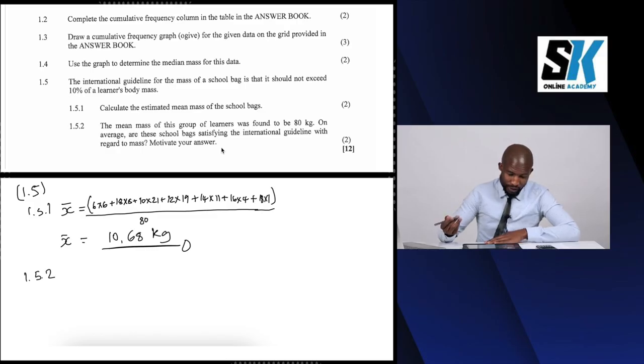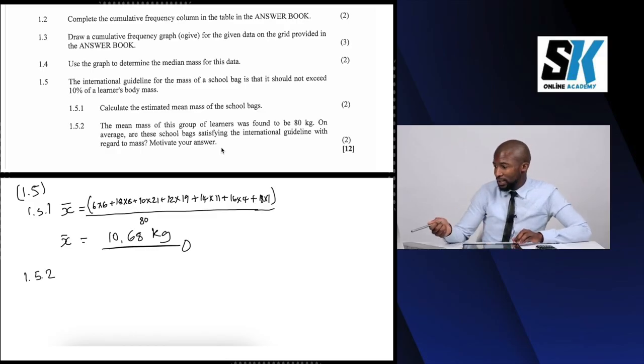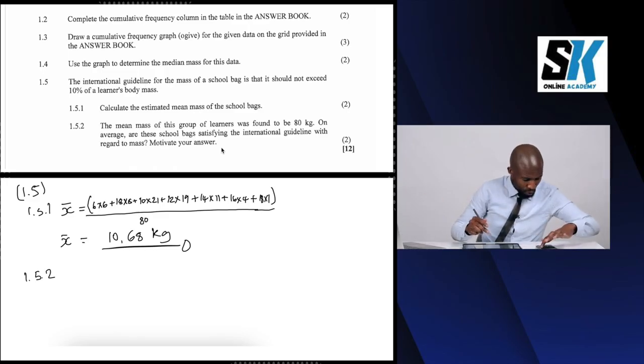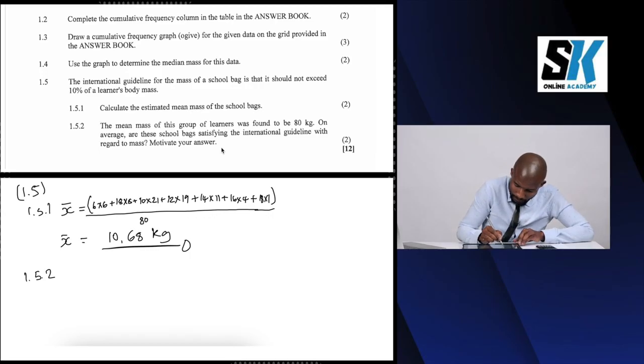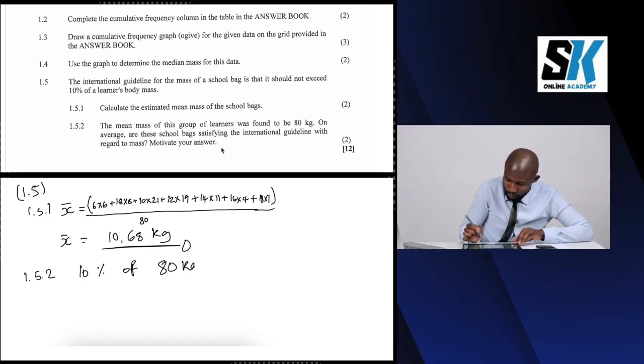So how do we do that? We're going to calculate that 10%, then we check if it satisfies the guidelines. So what we do here, we're going to say 10% of 80 kgs. So 10% of 80 kgs, we know that is going to be equal to 8 kg.